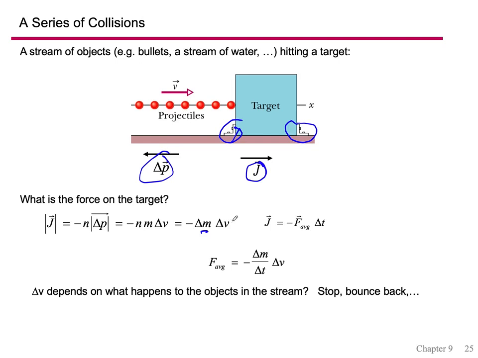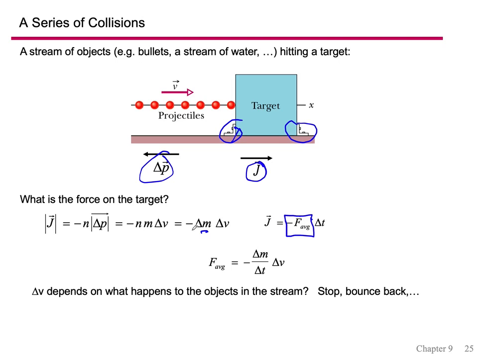But now here's where the interesting part is. We know this has got to be equal to force times time. So the question is, what is the average force? So what times time would give you this? Well, we know it's equal to that. And you can work out very, very quickly then, what's the average force?